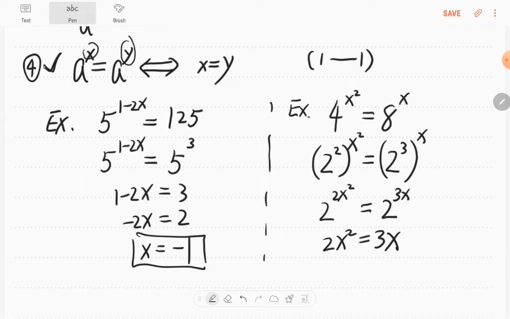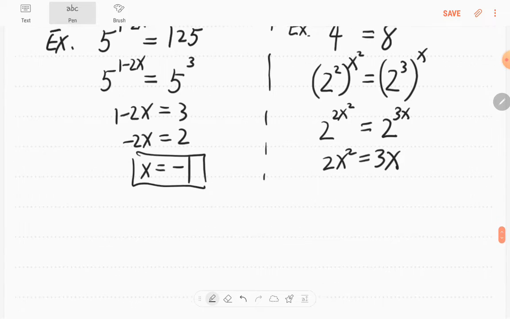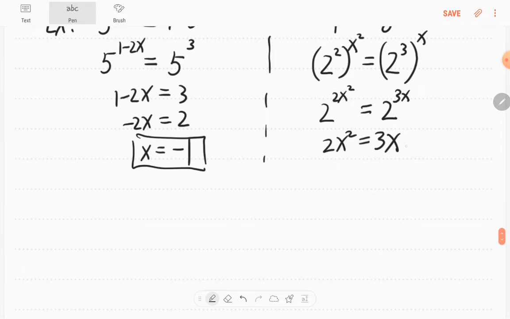So again, when you solve this kind of equation, you cannot divide by x directly, because if you divide by x, you will assume x is not 0, right? Then you will lose your solution.